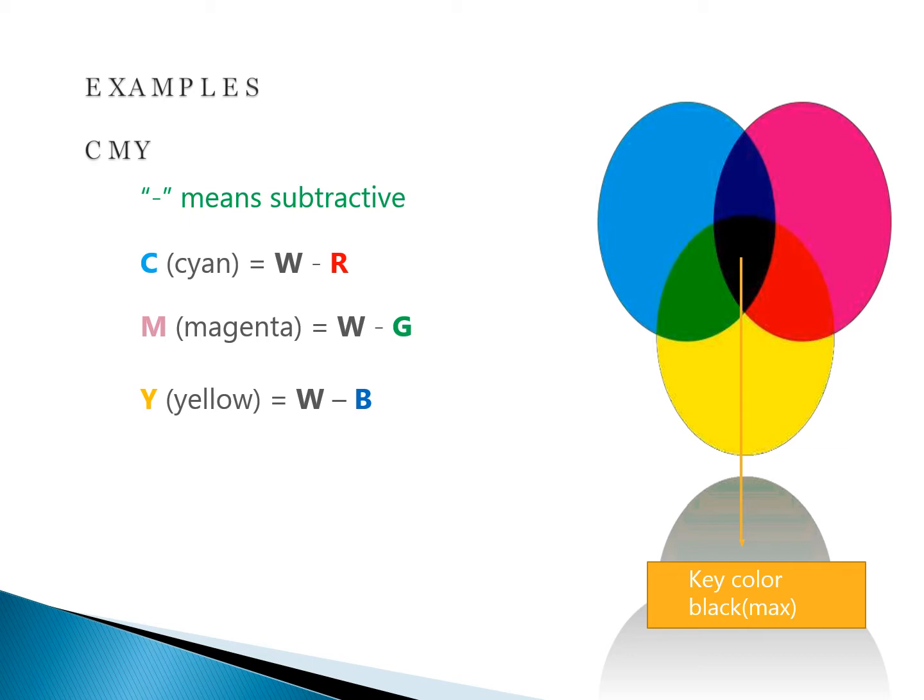The cyan color is a combination of white minus red, magenta is white minus green, and yellow is equal to W minus B. So we can get these colors by making use of the complementary colors of the RGB color model.